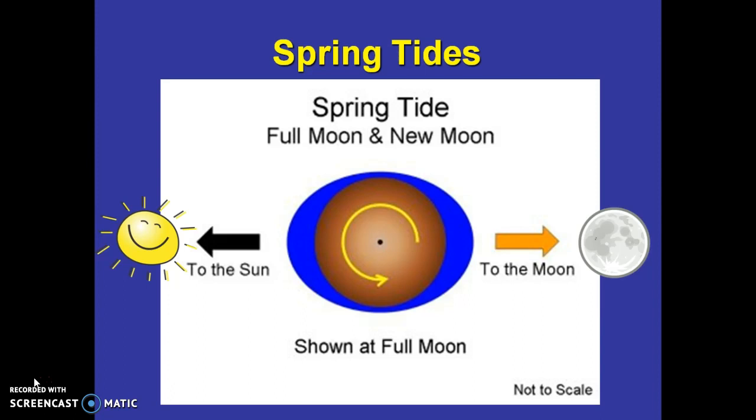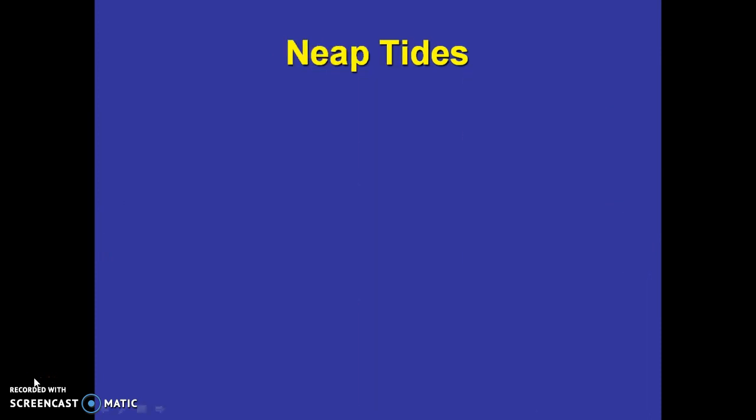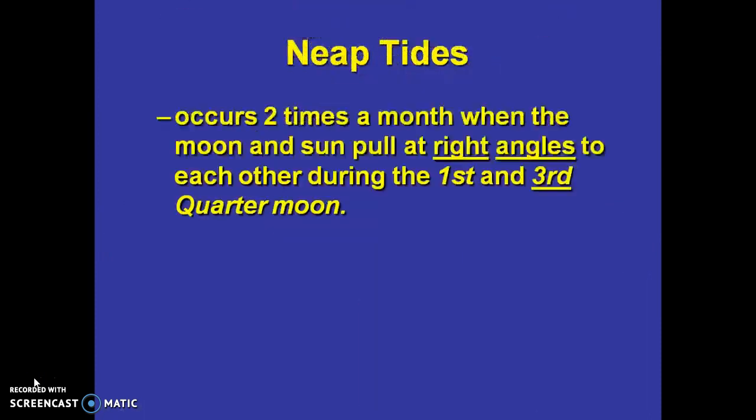The next kind of tide that we're going to talk about is neap tide. Neap tides also happen twice a month when the moon and the sun pull at right angles to each other. So basically you have the sun, the moon, and the earth at right angles. This happens during the first quarter and the third quarter moon phases.